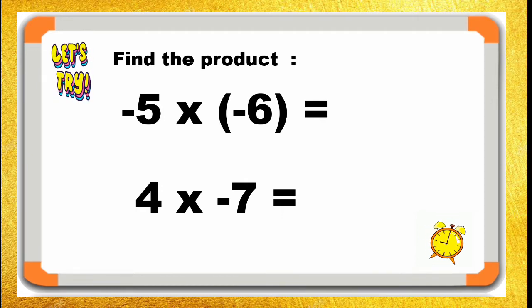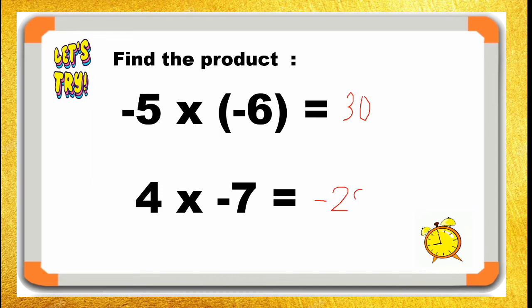Negative 5 times negative 6, the answer is positive 30. So why positive 30? Because they have like signs. Now 4 times negative 7, the answer is negative 28. So why negative 28? Because they have unlike signs. Got it, class? Okay, very good.